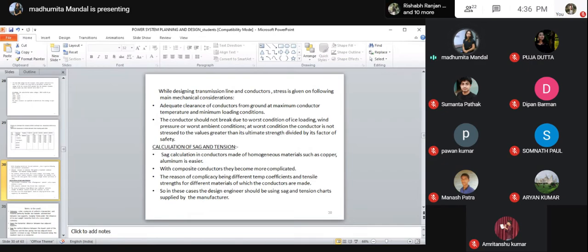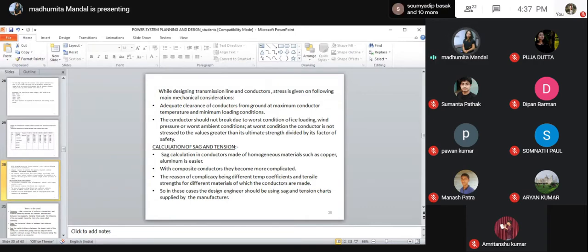Okay, so say the factor of safety for a particular conductor is given as 2, then obviously the working tension at worst condition should not exceed half of the ultimate strength.